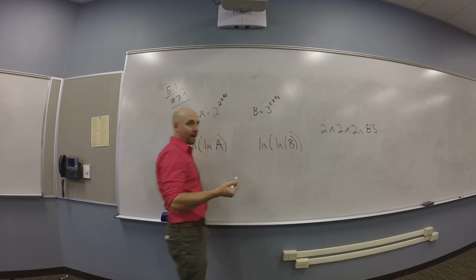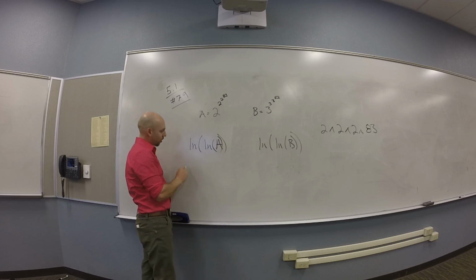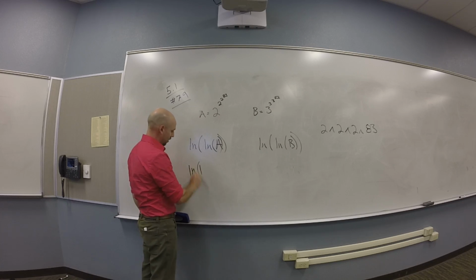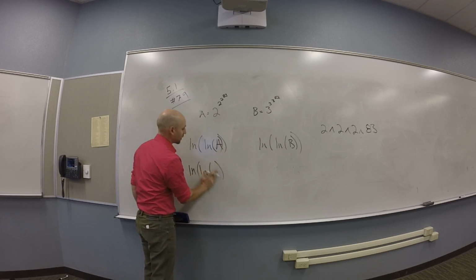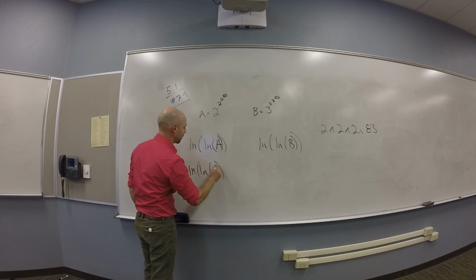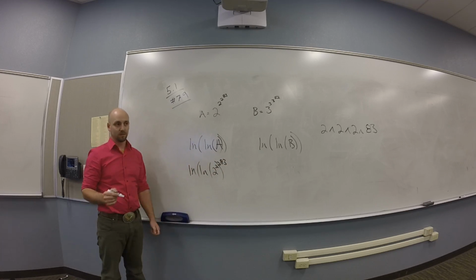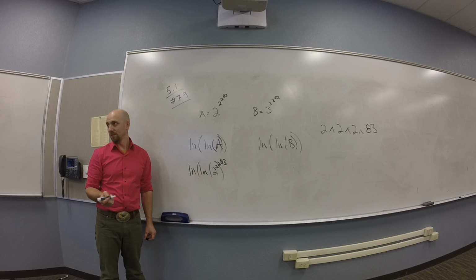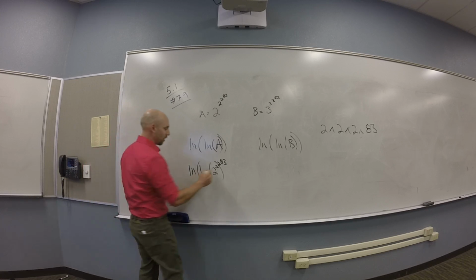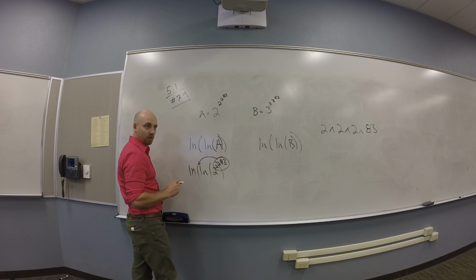So let's see if we can figure that out. What would log of A be? A is that thing, 2 to the 2 to the 2 to the 83rd. So why was this a good idea? What can you do with the powers? Yeah, drag the powers down to the front, right? Take this whole shebang and drag it out of the first logarithm.